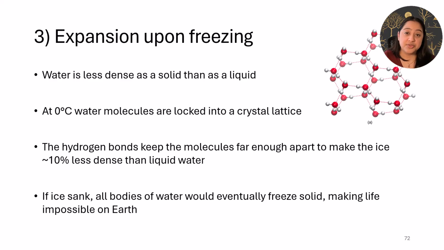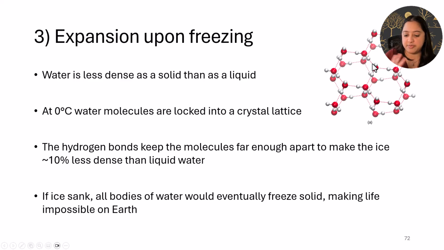Okay, so property 3 of water is that it can expand upon freezing. Other substances, if you froze them, become more dense. But water is unique in that when you freeze it, it becomes less dense than a liquid. It's lighter as a solid than it is as a liquid. It's because at 0 degrees Celsius, water molecules get locked into a pattern, a crystal lattice.